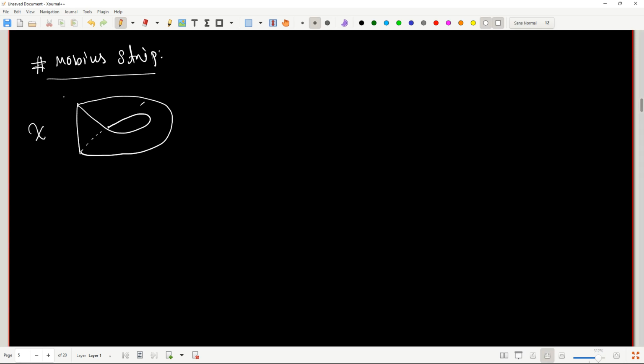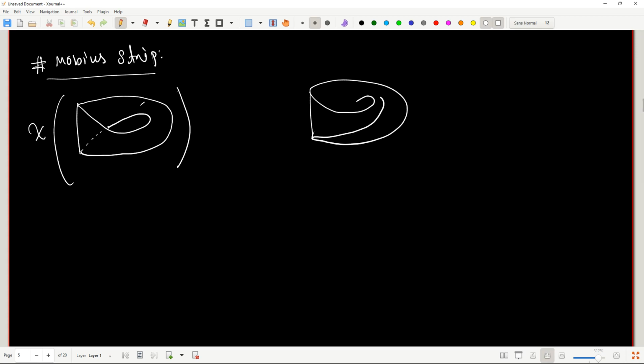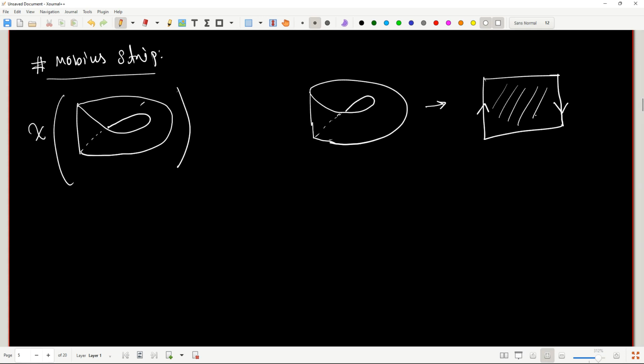We want to compute the Euler characteristic of this, and we know that we can identify the Mobius strip as follows. If this is identified this way, this is identified in the opposite way, right? And it's also filled in.